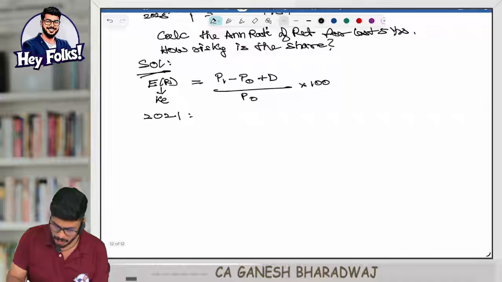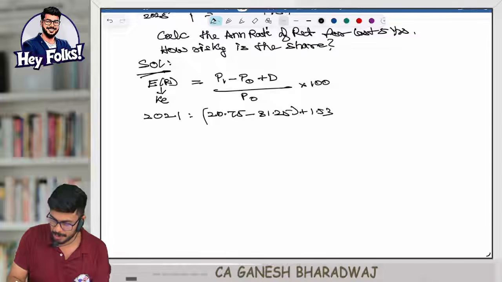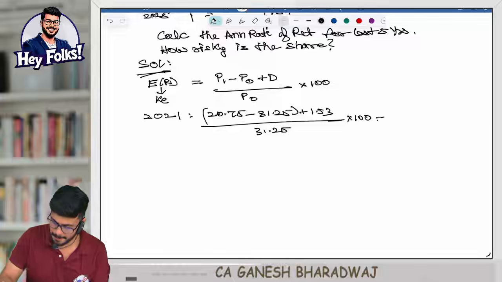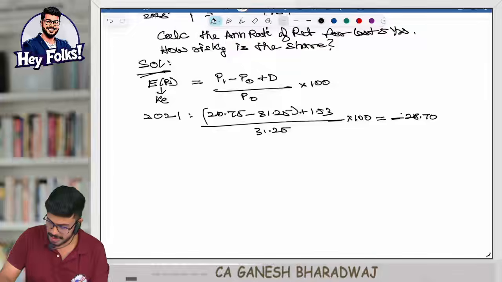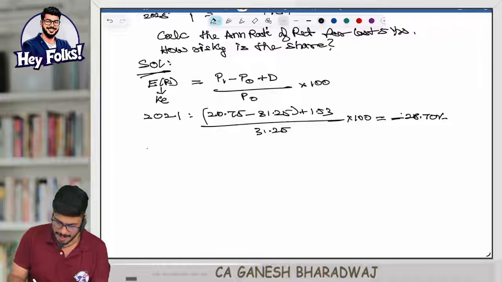Give me the figures. It's going to be 20.75 minus 31.25 plus the current year dividend 1.53, upon 31.25, into 100. Figure. 28.70 within bracket, or without bracket, negative. Or you can put it as minus 28.70%. Is this clear?